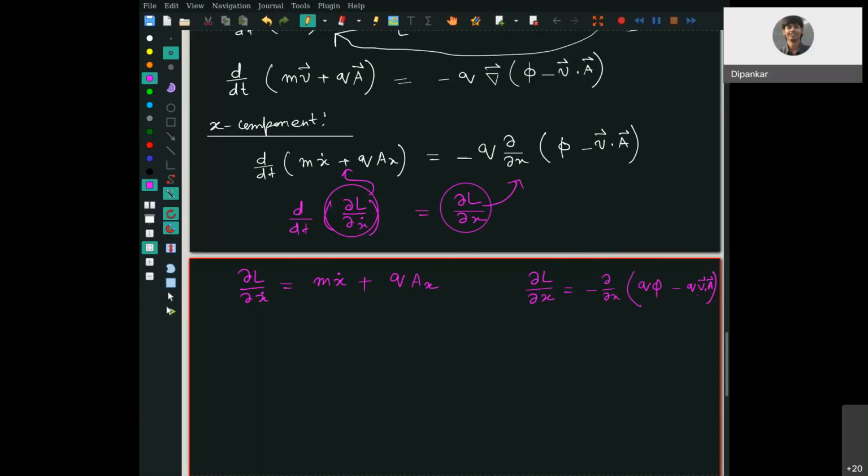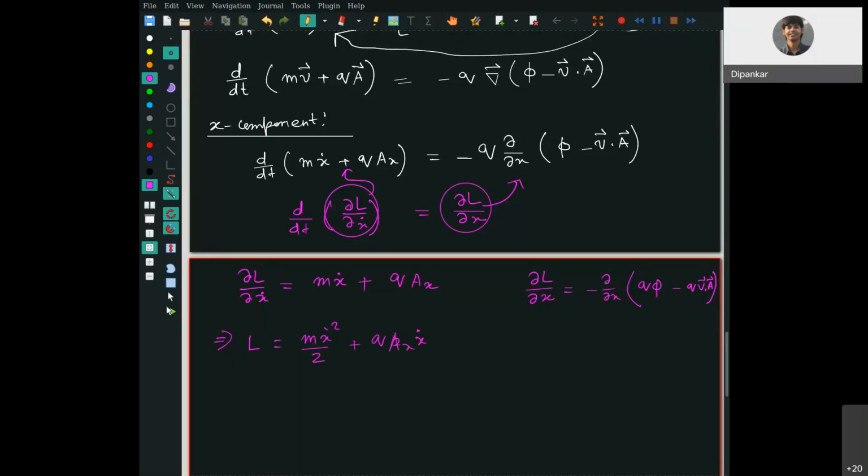Anyway, notice this thing. If I try to integrate it, then I will get L equals m x dot square by 2, plus q Ax x dot.